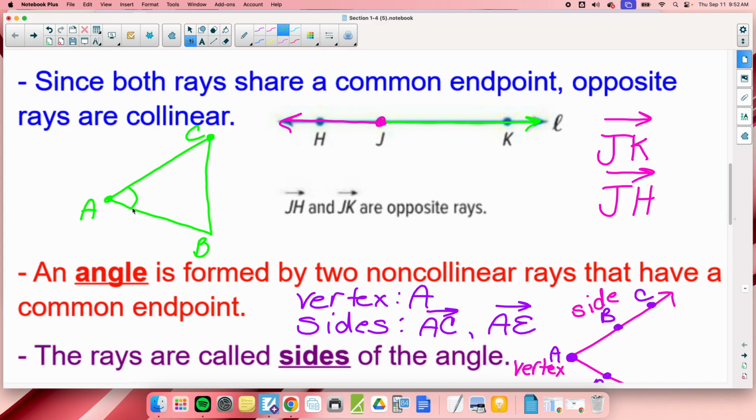When you look at this, it doesn't look like a ray, it looks like a segment, but when you name it, you still name it with a ray. If you named it with a segment, I wouldn't mark that wrong, but even though it's a segment, you always name angle sides as rays.